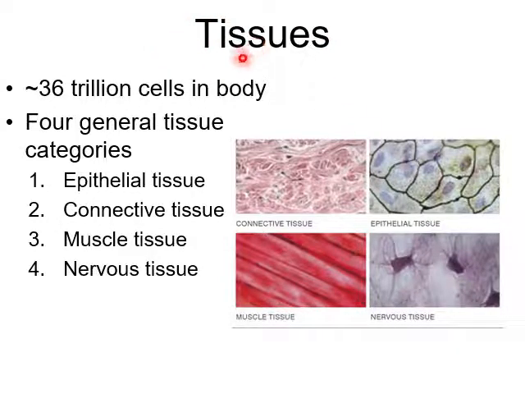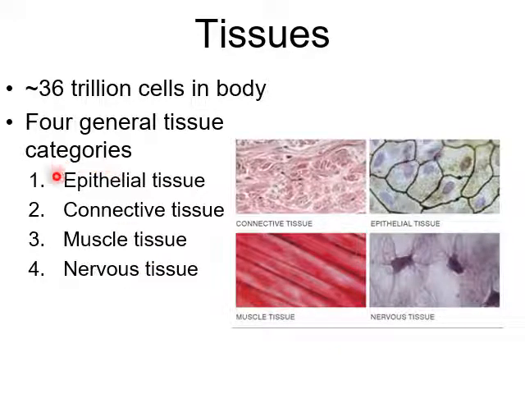Okay. Let's look at the tissue levels. Hopefully you all remember the four different tissues, but the crazy thing is we have 36 trillion cells in our body, and they're all basically made up into four different types of tissue. We have epithelial tissue, which forms the coverings and linings.